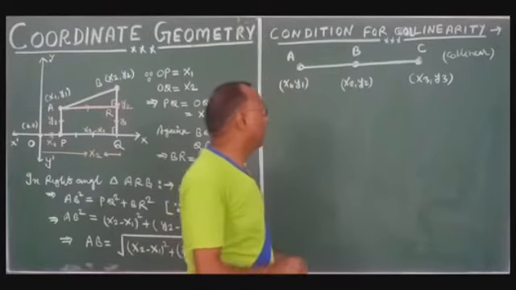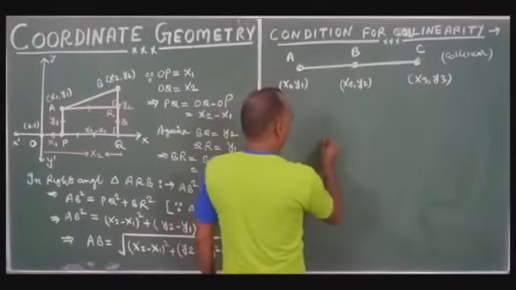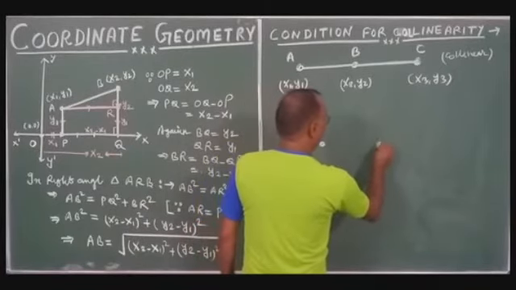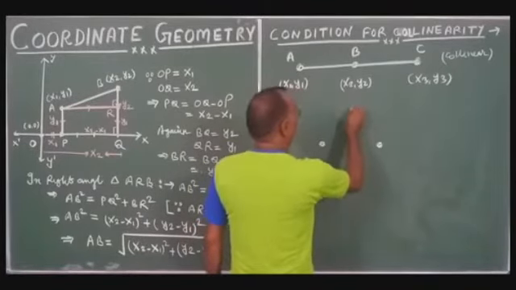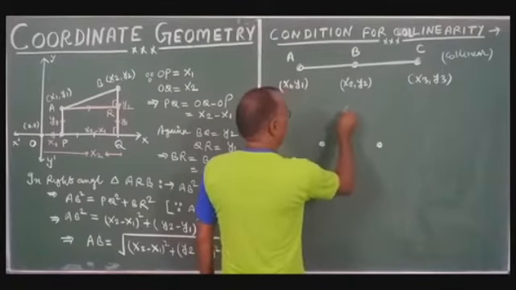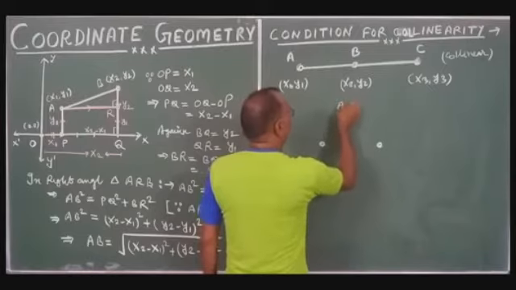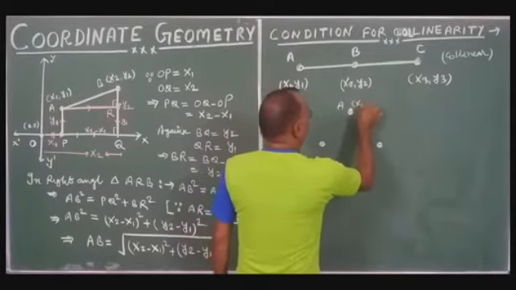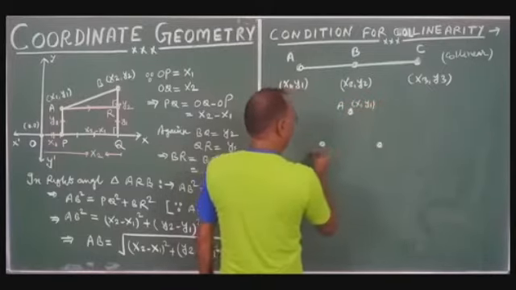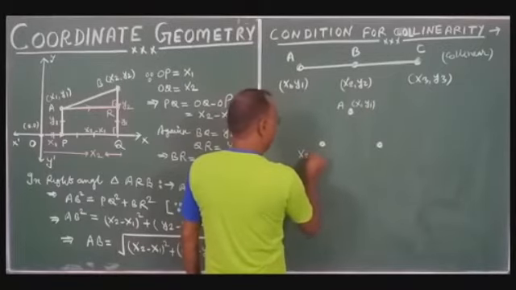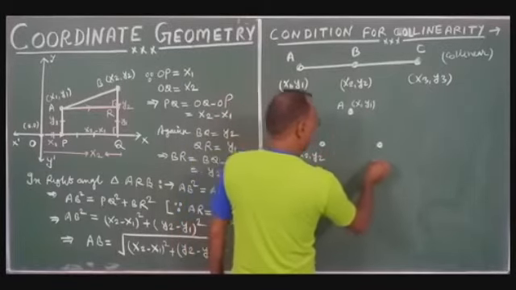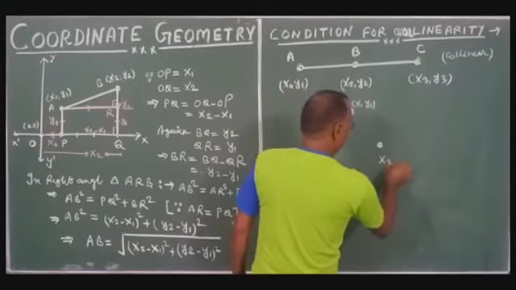then they will be like this. Suppose 2 points are here and 1 point is here. This is point A, x1, y1, x2, y2, or x3, y3.